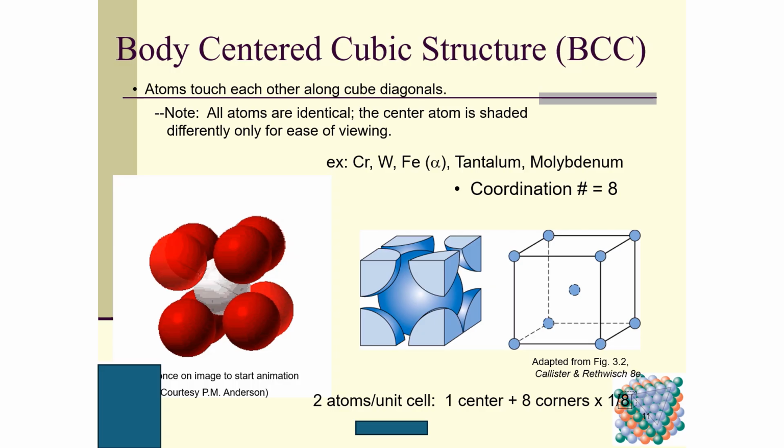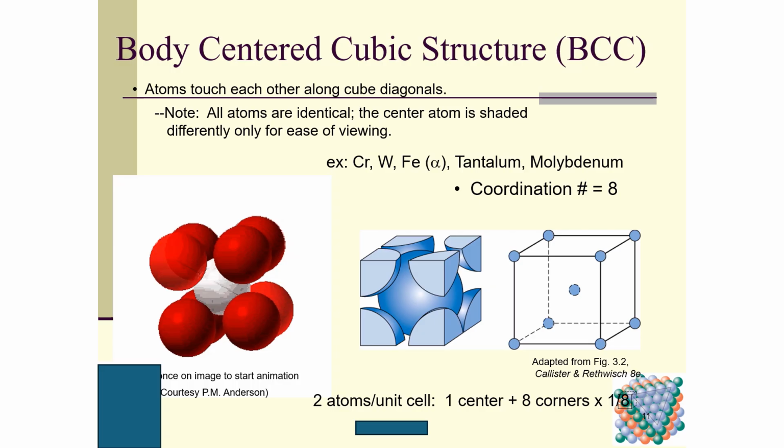And you can see here, right? This guy, the center, has 1, 2, 3, 4, 1, 2, 3, 4, totally 8 nearest neighbor atoms. The elements that have this kind of structure include chromium, tungsten, and iron alpha.